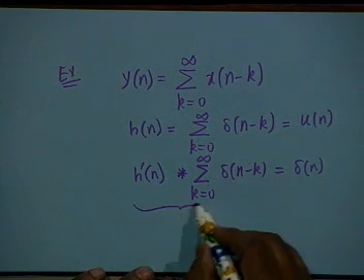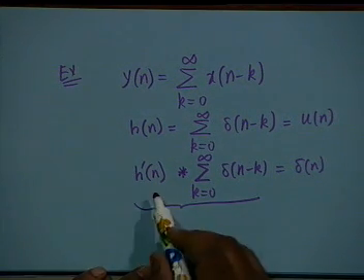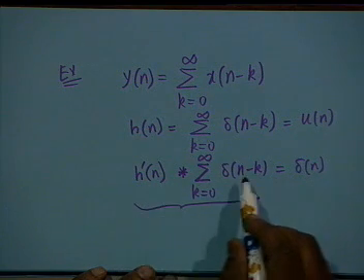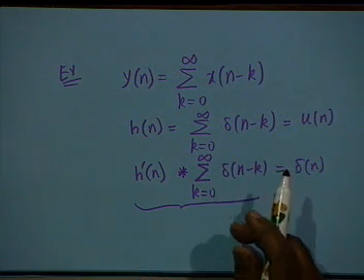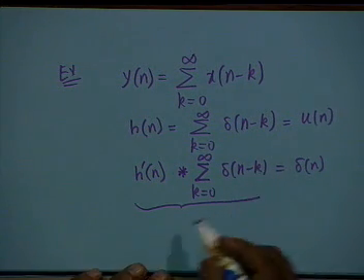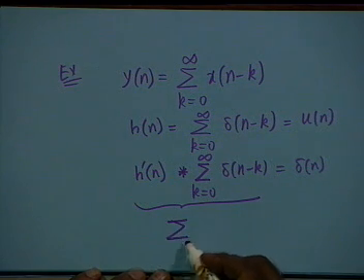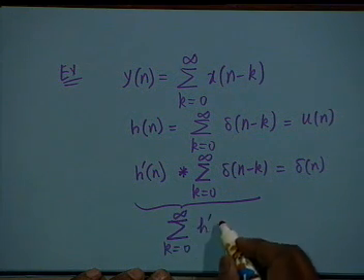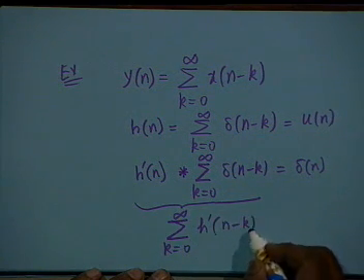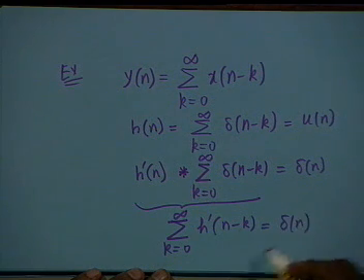But what is this equal to? h prime of n convolved with delta of n minus k is simply h prime of n minus k, and therefore this equation gives me summation k equal to 0 to infinity h prime n minus k equal to delta n.